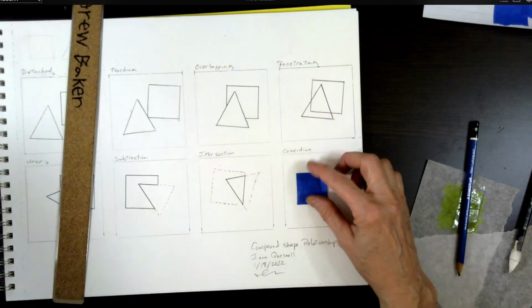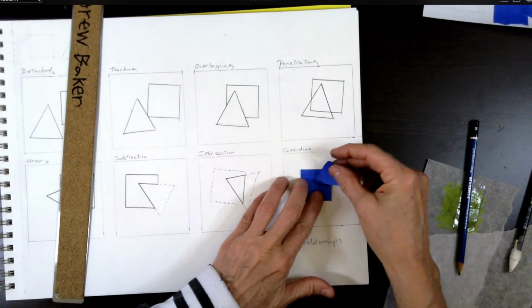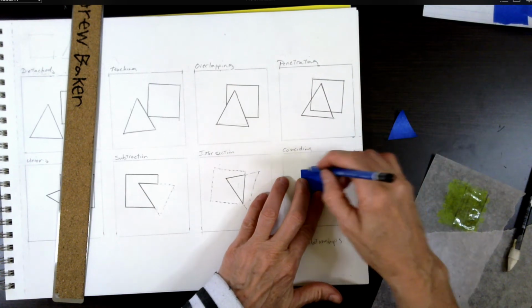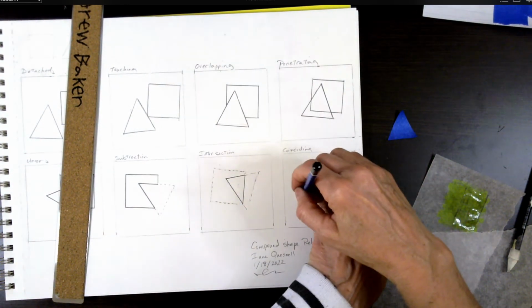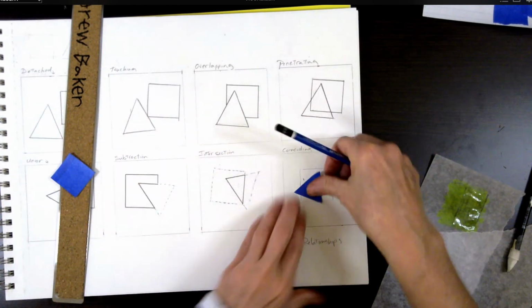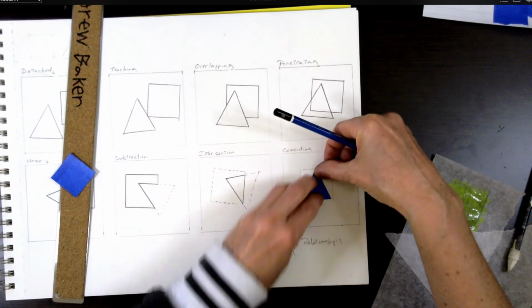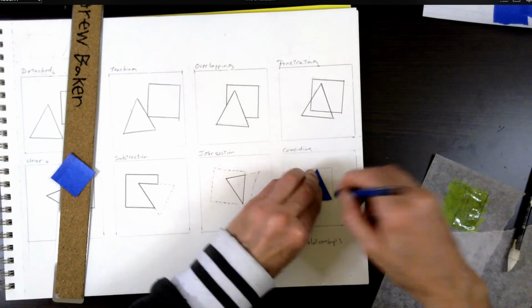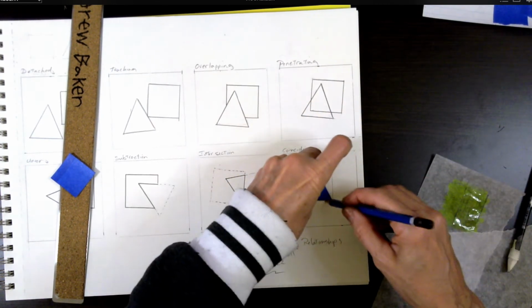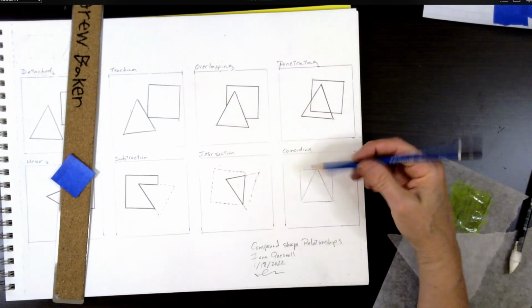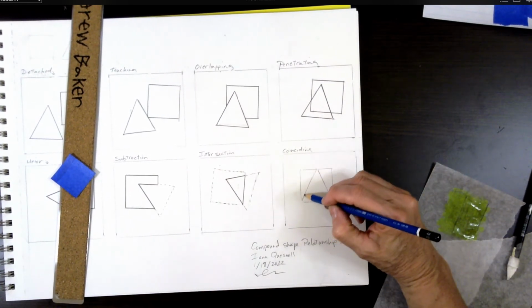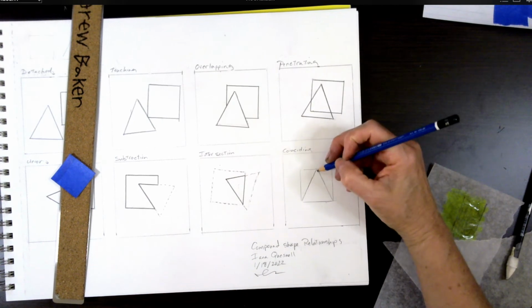But in this case, I'm going to coincide the square and the triangle, with the triangle on the top. And so really the part of the square that's hidden is where the triangle appears.